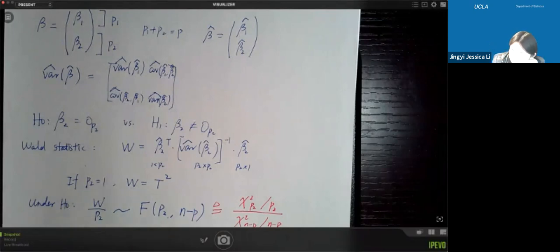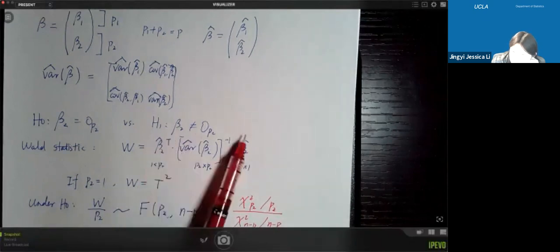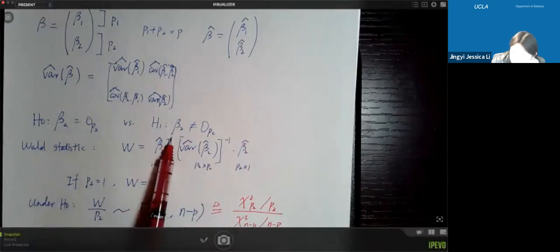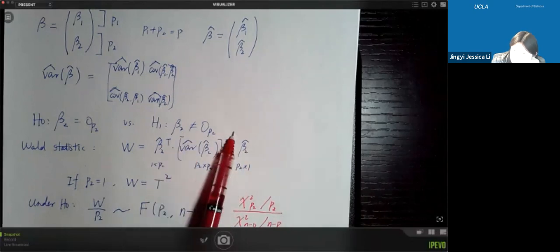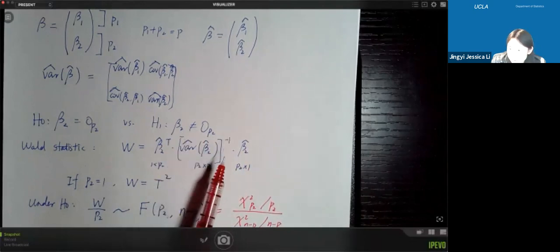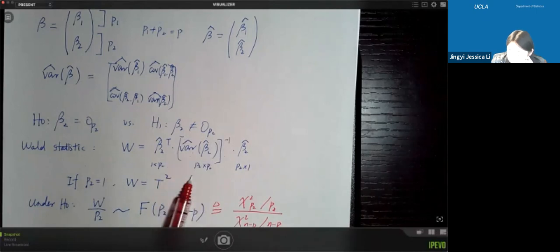Roughly speaking, I want to give you some intuition: you can consider this as beta 2 hat transpose beta 2 hat, the square form, and you will consider this middle part in the row as a denominator.